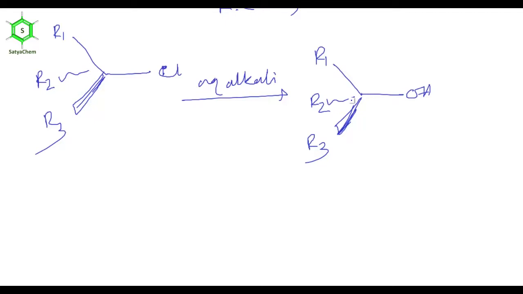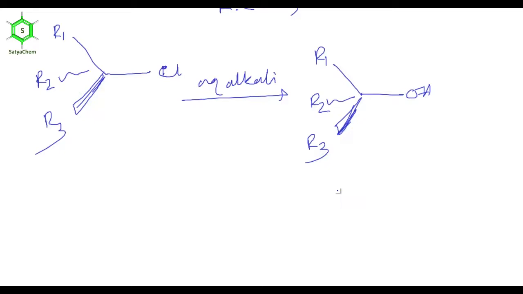Obviously I will discuss what plane polarized light is in a separate video. Those who know what is chiral carbon, for them it should be clear. Okay, so at first glance it looks that reactant and product both are optically active, but actually not. You will get optically inactive product.